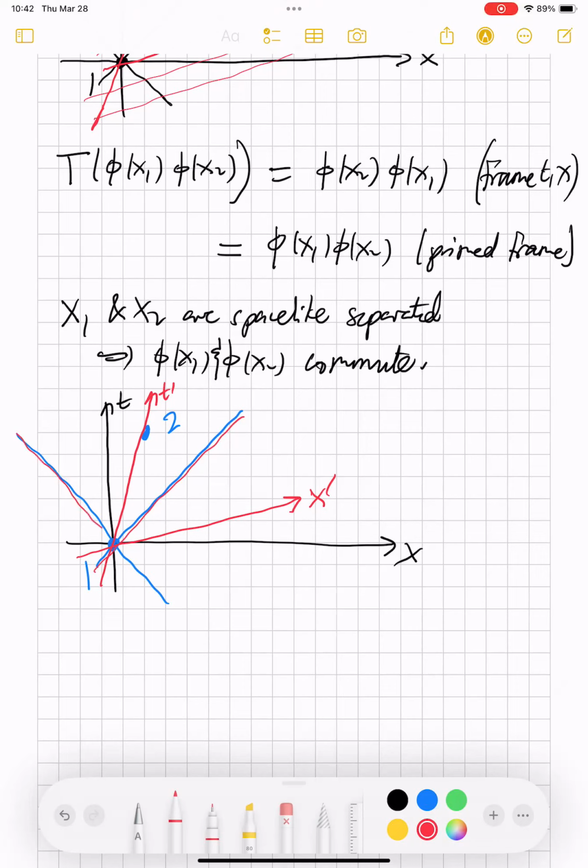You know, the light cone is the one thing that all inertial observers agree on because the speed of light is a constant in all frames. And because of that, if we now take a look at the slices of equal times in the primed frame and the original frame, they both agree.